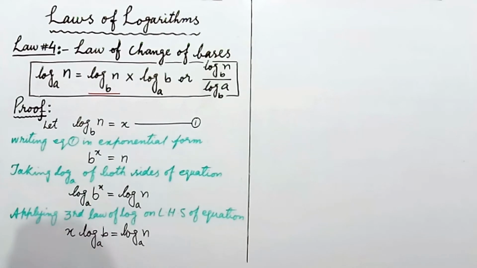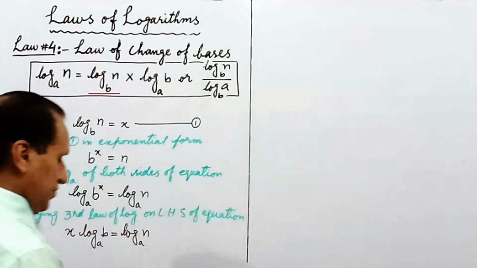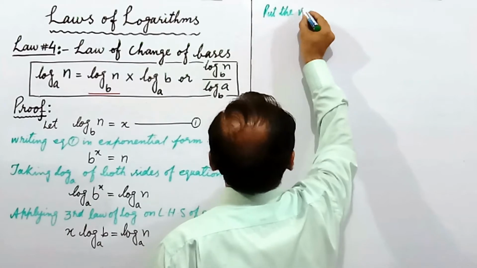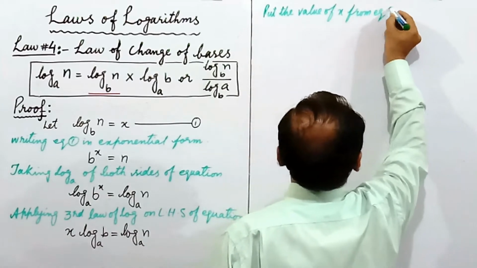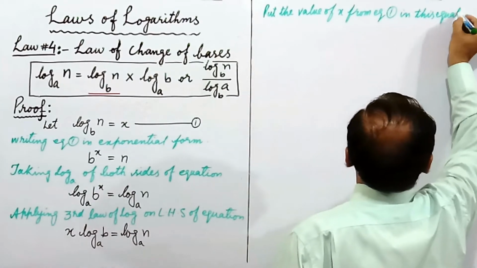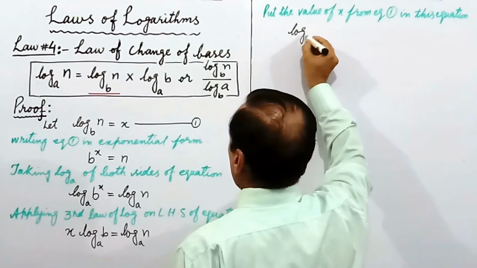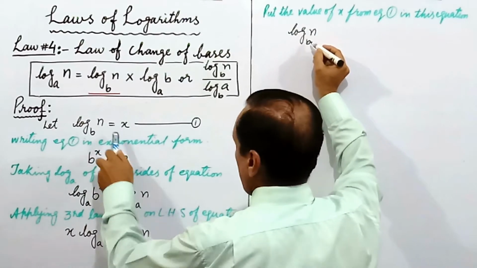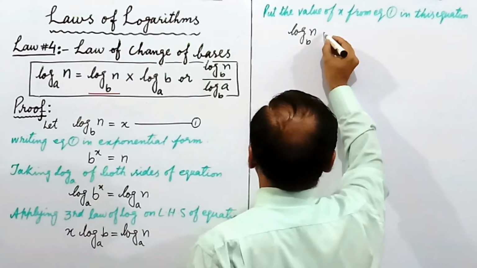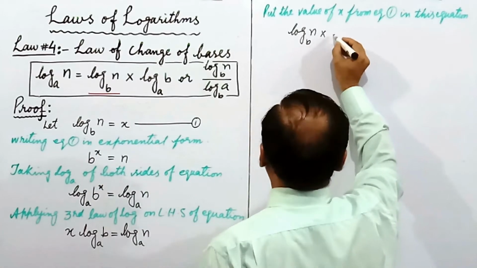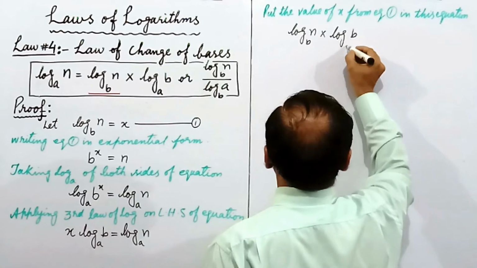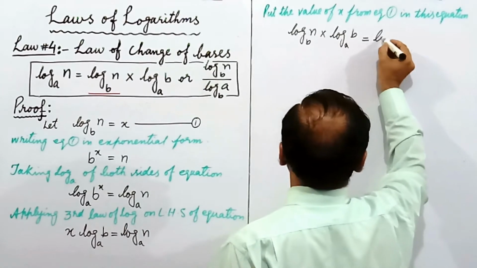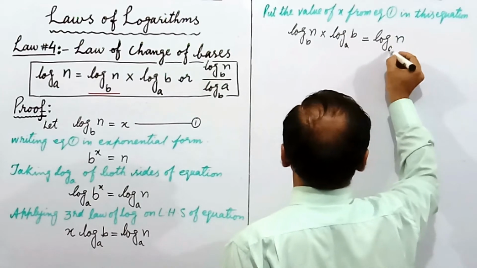So by putting that value of x in this equation, we have log n to the base b, the value of x, multiply log b to the base a is equal to log n to the base a.